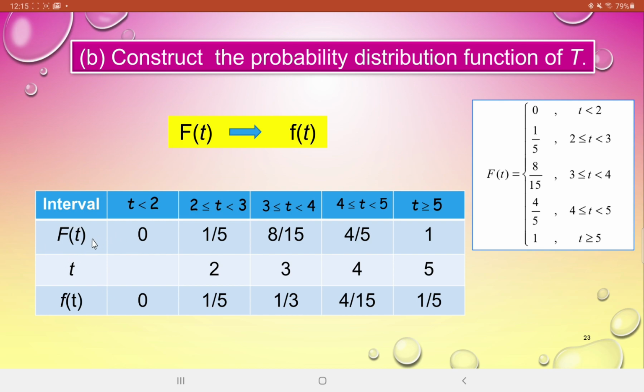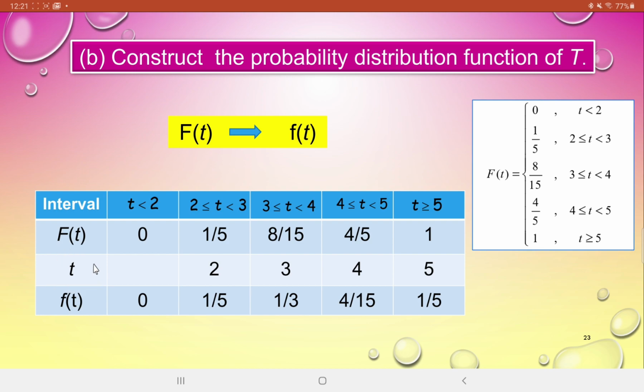Second row, we put F(T). Refer to the CDF given. F(T) equal 0 for T less than 2. F(T) equal 1 over 5 for T more than or equal to 2 and less than 3. F(T) equal 8 over 15 for T more than or equal to 3 and less than 4. F(T) equal 4 over 5 for T more than or equal to 4 and less than 5. And last one, F(T) equal 1 for T more than or equal to 5.